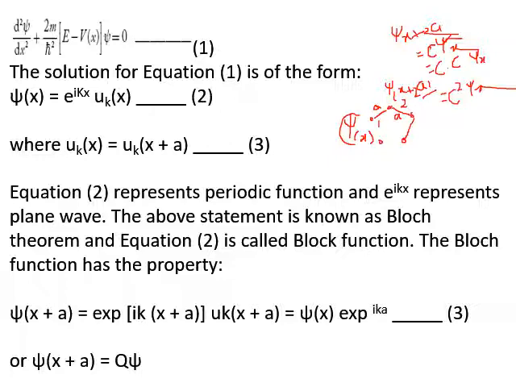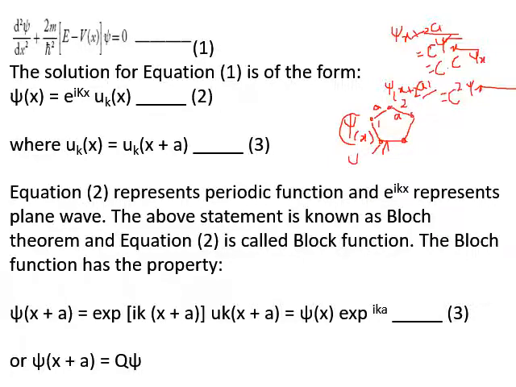Similarly, suppose that this is the nth electron. So the total distance covered by the particle is na. Now from this nth position, because this is a periodic potential well, after completing one circle, up to the nth particle, it again comes to the first particle. So what is the value of psi here?